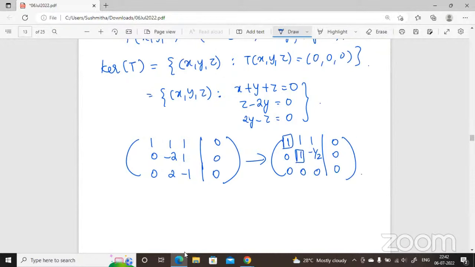So what is the rank? 2. Nullity is 1. Nullity is 1, so not one-to-one. Rank is 2, not onto.